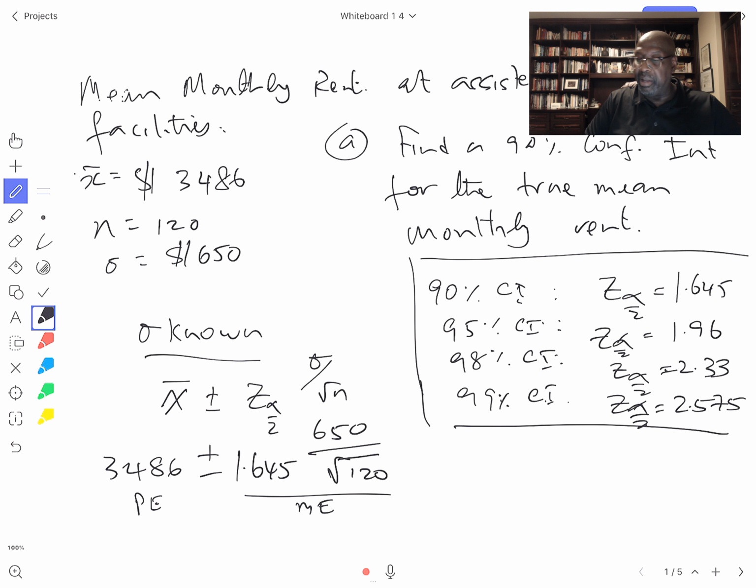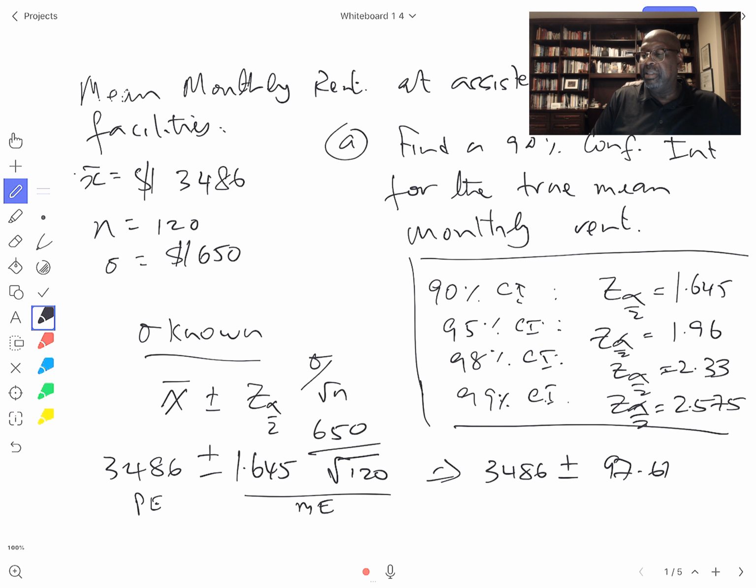I want you to keep that in mind. Once we figure this out and do all of the mathematics behind it, we will get 3,486 plus or minus $97.61. Right?